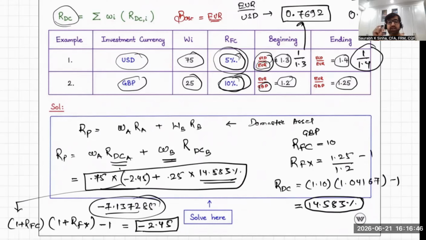But the actual depreciation in USD is not 7.69, it is 7.137285. So it is very important. The nuance that I'm trying to highlight is that every time you do the calculation, the foreign currency should be in the base currency. So this was a discussion around how you can calculate the return of the portfolio.